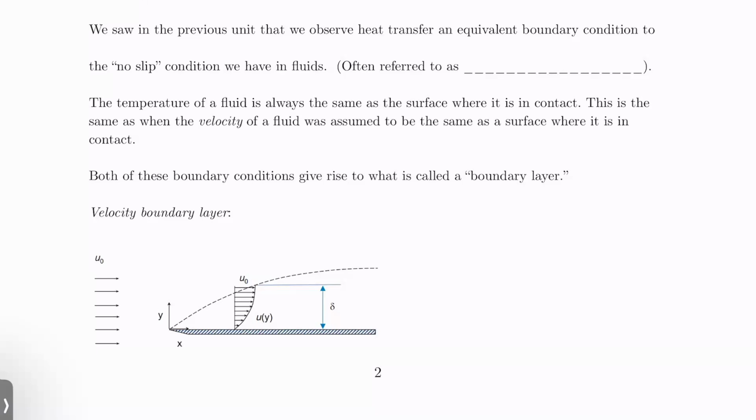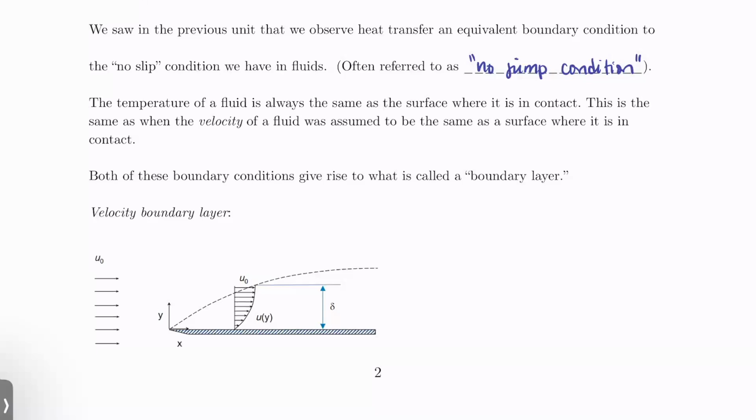We talked about this before. Anywhere a fluid is touching a solid surface, the temperature of the fluid will be the same as the surface it's in contact with, just the same as with velocity.